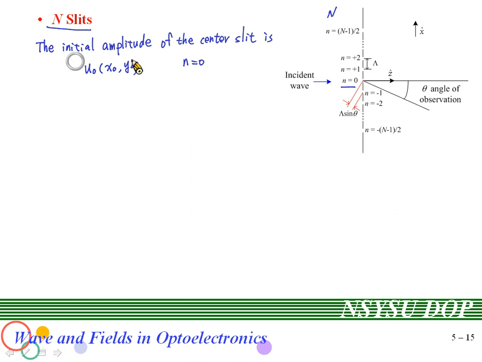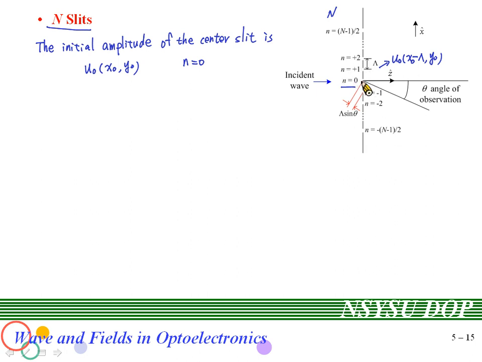So if the center slit can be expressed like this, then for the number n equals 1, the corresponding amplitude can be written as u0 of x minus capital lambda, s0 minus capital lambda y0. Here the capital lambda means the distance between two adjacent slits.